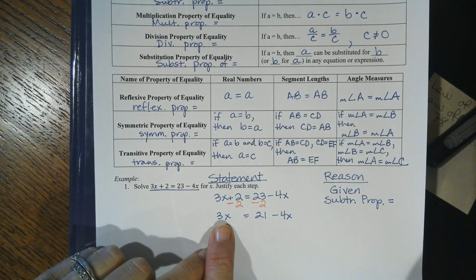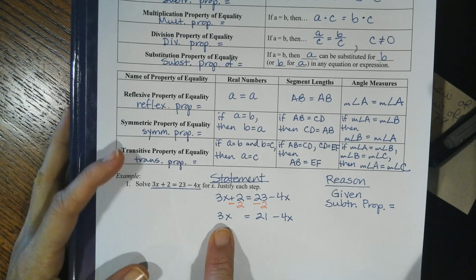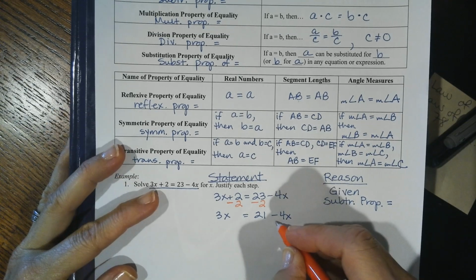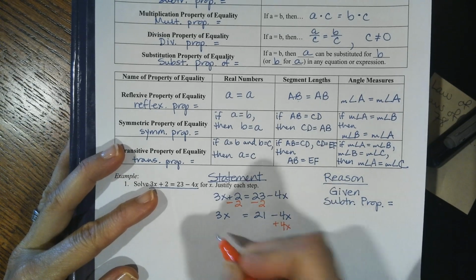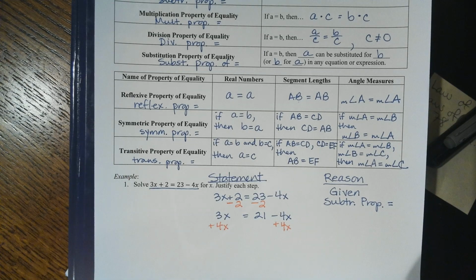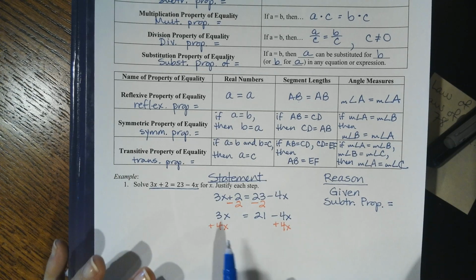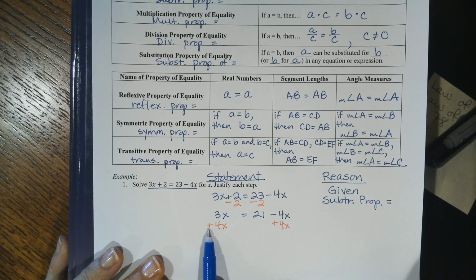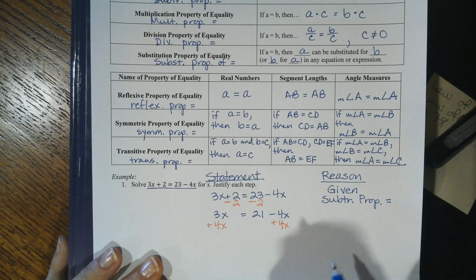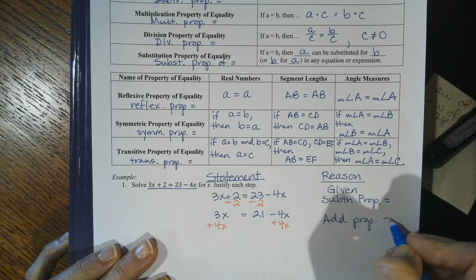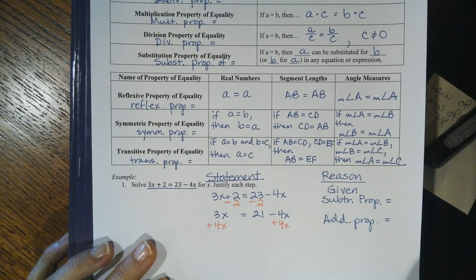So I could either take away 3x and make that one go away, or I can add 4x and make that one go away. I always like to add better. I like to do whatever will give me a positive. And I can see that if I'm adding 4x, that'll give me a positive. The addition property of equality, because I added the same thing to both sides, says I can do that. So the add prop equality says that I can do that.